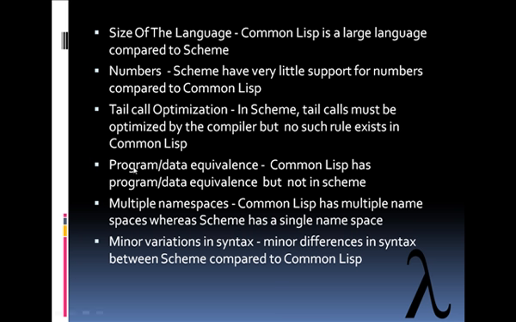Program data equivalence. A major problem with Scheme that does not exist in Common Lisp is that the Scheme language does not define an internal representation for programs, although to be fair, all Scheme implementations do. Common Lisp, on the other hand, does require two such forms to be equivalent.